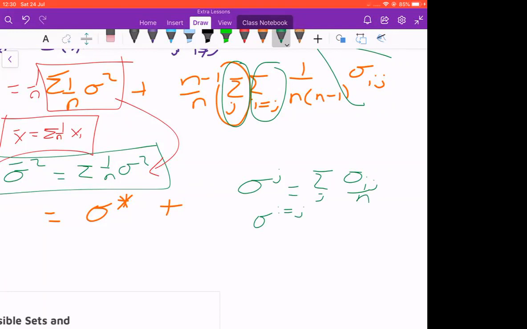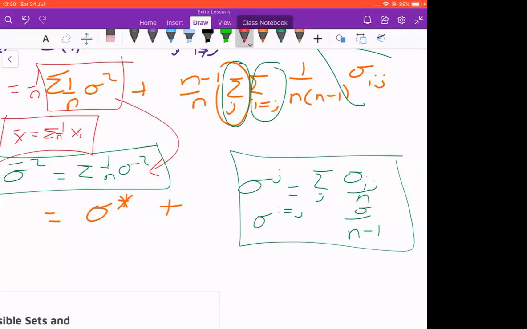This one is going to be over 1 over n, because i is not going to be equal to j, so one of the values is not going to be there. When you put the expectation of i and the expectation of j, you can write this thing as n minus 1 over n d star.